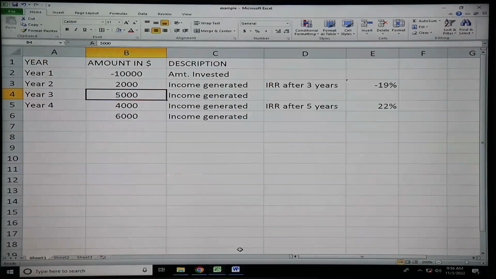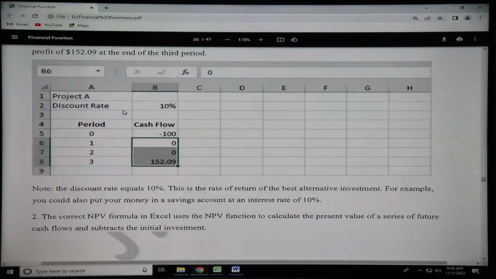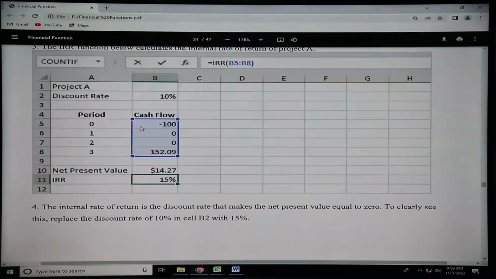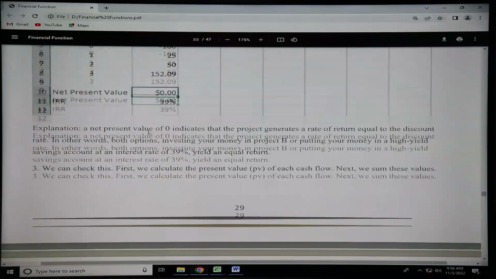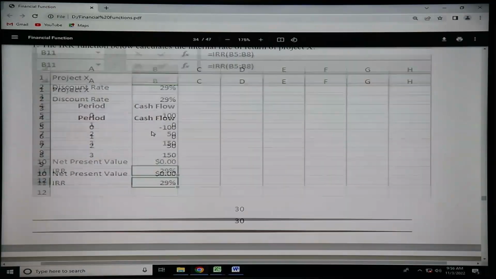So our next lesson, now we have done most of these financial functions. I think now you'll see from that booklet, actually that was almost the last part of the financial functions.